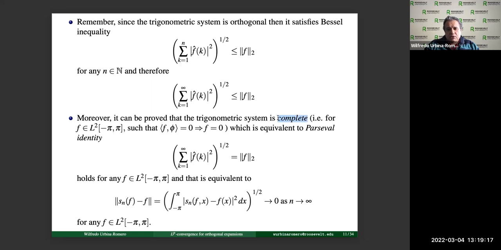And complete, which is a usual definition, means that if a function has all its coefficients with respect to the system equal to 0, this implies that the function has to be 0. This is equivalent to the Parseval identity, which says that this is not only less or equal, but equal. And using that immediately gives you the convergence that you need, that the partial sums in this norm converge to 0.